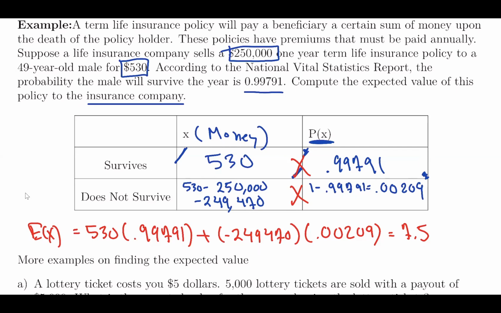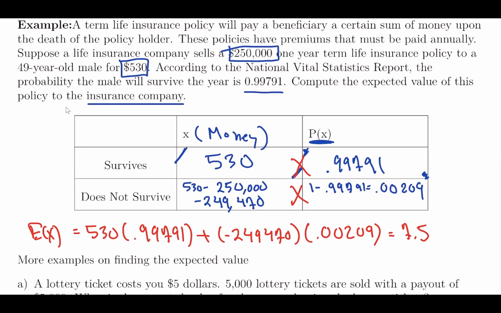So if I sell this policy to many, many different people, I'm not expecting everybody to die. If you sell 100 of these, probably only one person is going to die. So you're hoping that the $530 that everybody else is paying you will cover that one person dying.